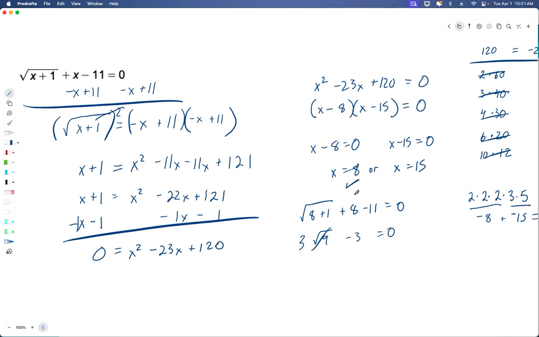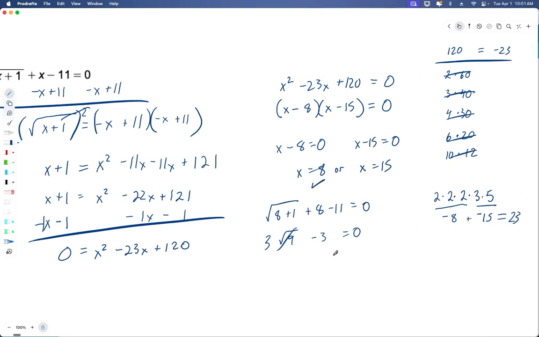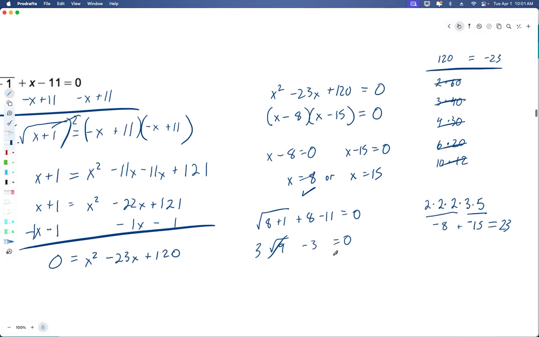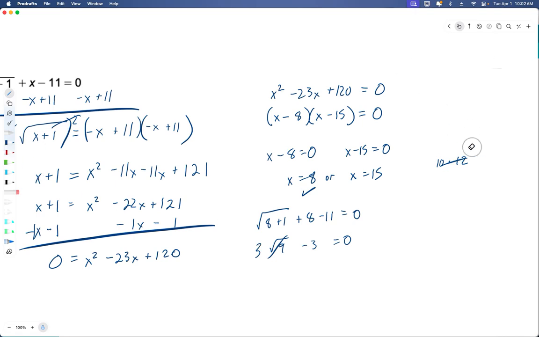So this one works. Now I don't need this over here anymore, so I'm going to erase this. Actually, I can erase all of that. So let's try the 15. All right, so square root of 15 plus 1, plus 15 minus 11 equals 0.